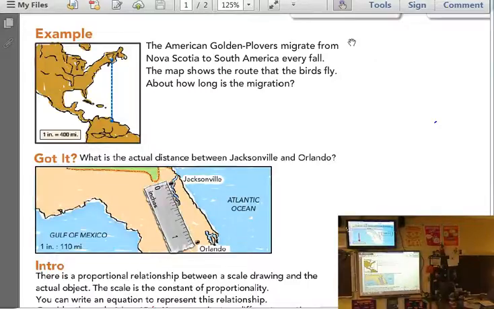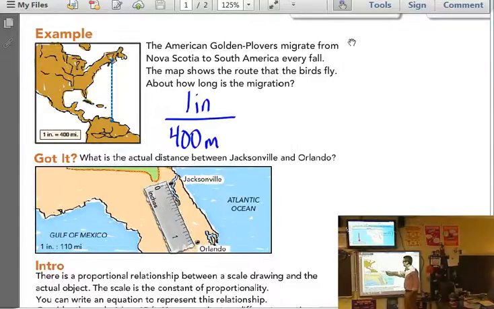So what you want to write down on your paper is 1 inch to 400 miles. Sean is nice enough to measure this distance. What is it? 0.8.